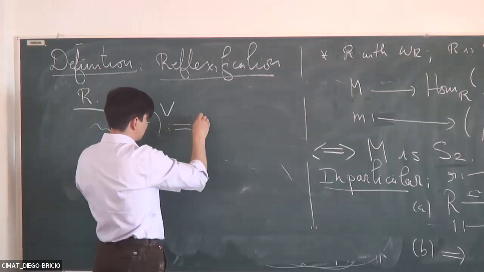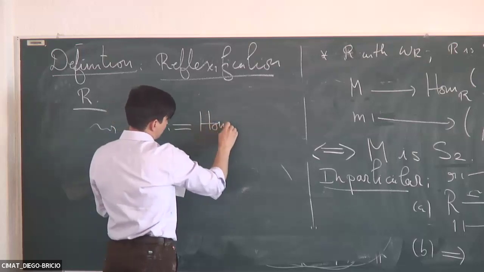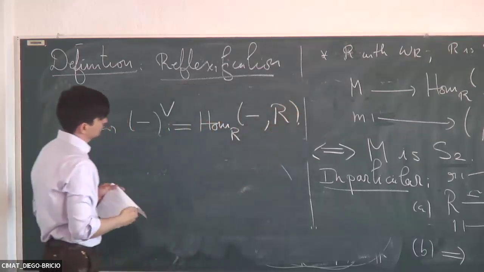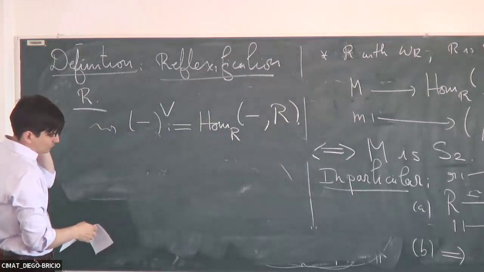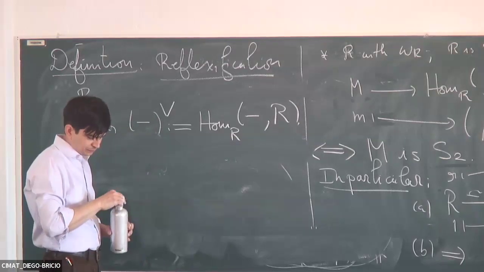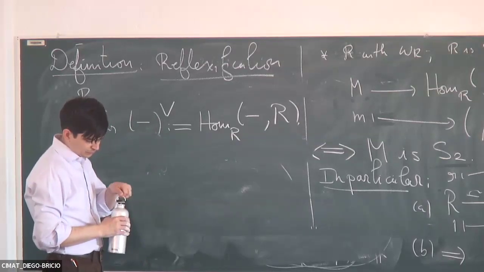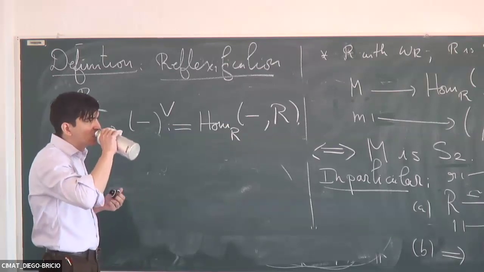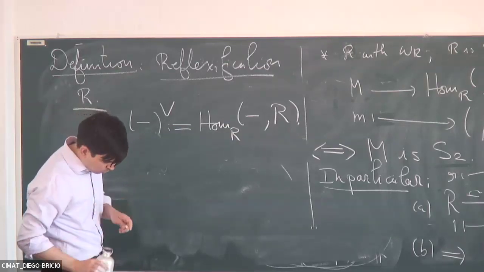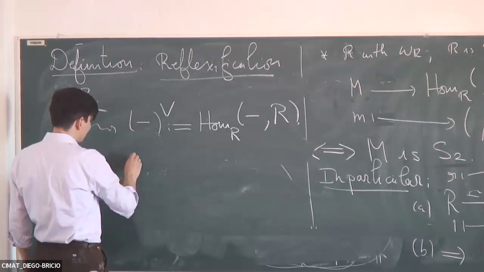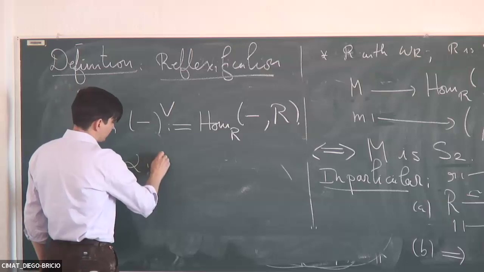And so this is by definition the functor given by homing into R. So it seems like a very reasonable thing to do. And it has a natural transformation.